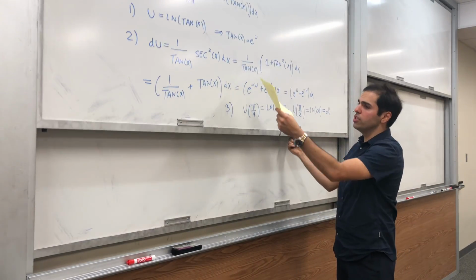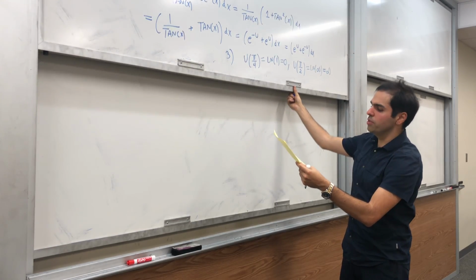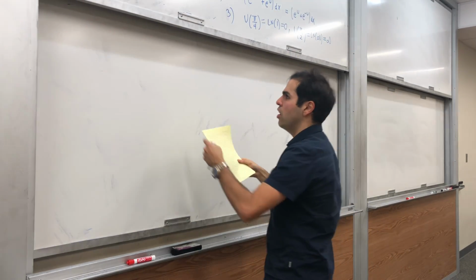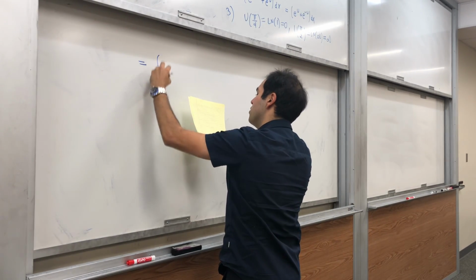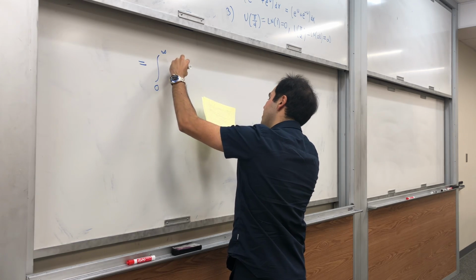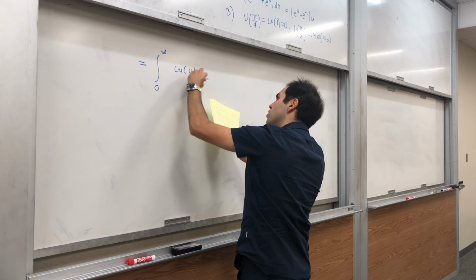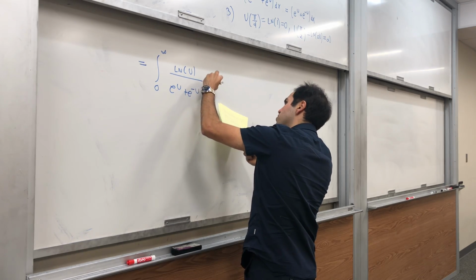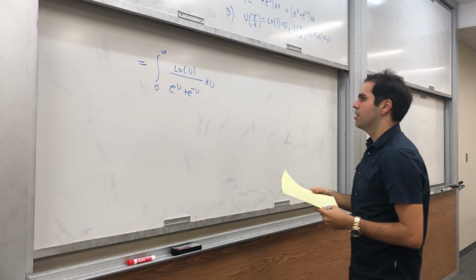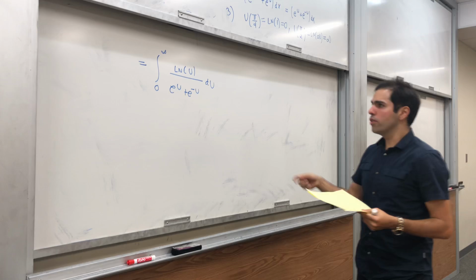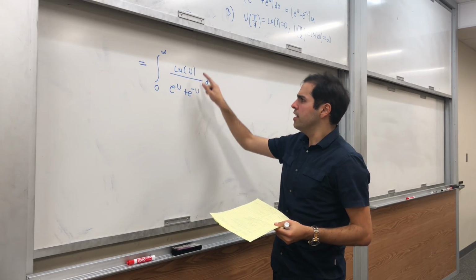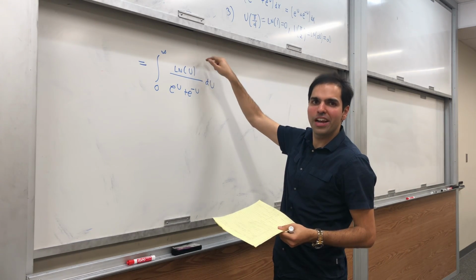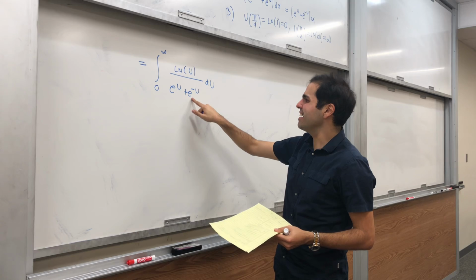Good. Once we use this u substitution, we just get the following. So we get that the integral becomes the integral from 0 to infinity, ln of u over e to the u plus e to the minus u du. And we would like to use power series, in particular our best friend, 1 over 1 minus x.